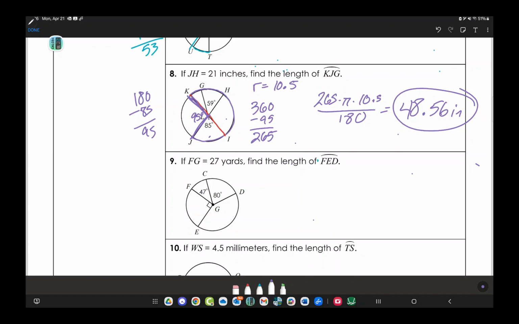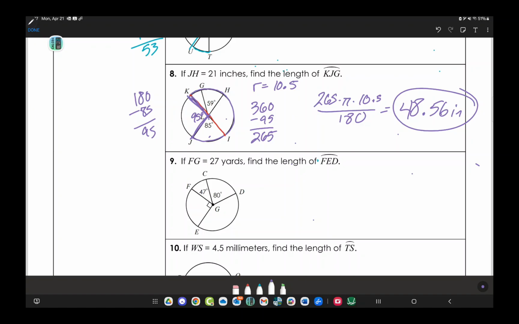Now, can anybody tell me why that's wrong? What was I supposed to find the arc measure of? KJG. My little dyslexia got me this morning.